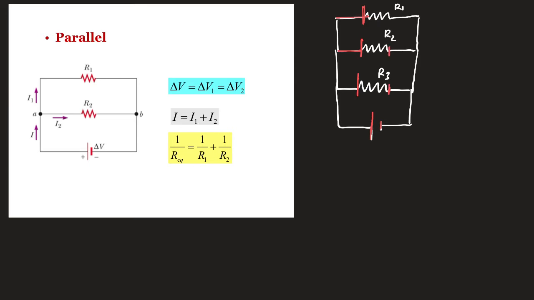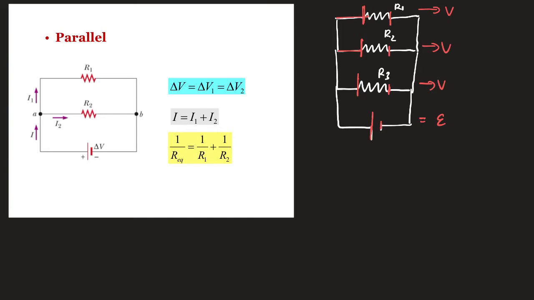Therefore, R1 also has a voltage equivalent to the EMF of the battery, so the voltage for R1, R2, and R3 is equal to the EMF of the battery.